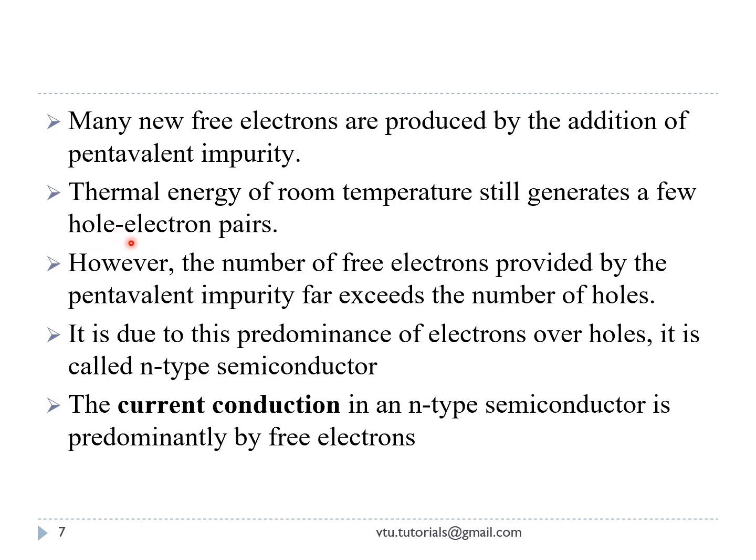So this electron-hole pair is generated along with the pentavalent impurity atom. However, the number of free electrons produced by the pentavalent impurity will be more than the number of holes, and due to this dominance of electrons compared to holes, this semiconductor is said to be an n-type semiconductor. The current conduction in this n-type is mainly by electrons.